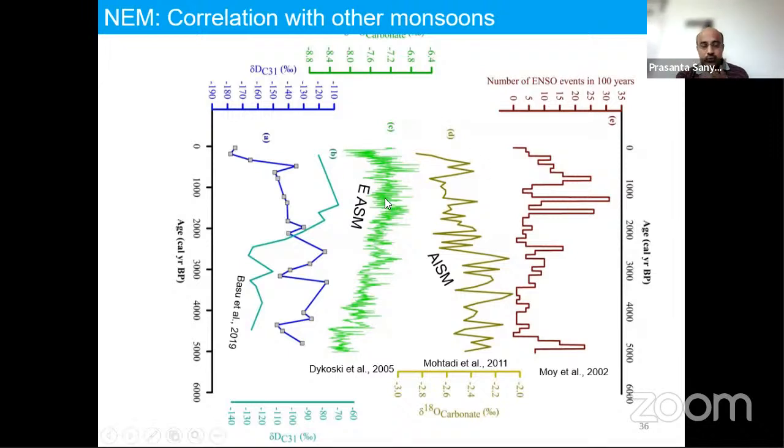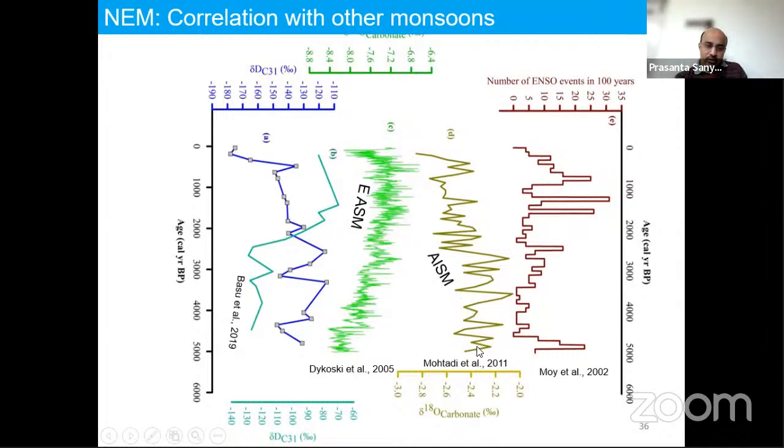Now, you can also see the correlation of the Indian northeast monsoon and the Indian summer monsoon with the other monsoonal systems in the world. In this graph, this line is for the Indian summer monsoon, and this blue one is for the northeast monsoon, that is the winter monsoon. This data is from the Dongge Caves, which is actually the East Asian summer monsoon. And this data is for the Australian-Indonesian summer monsoon.